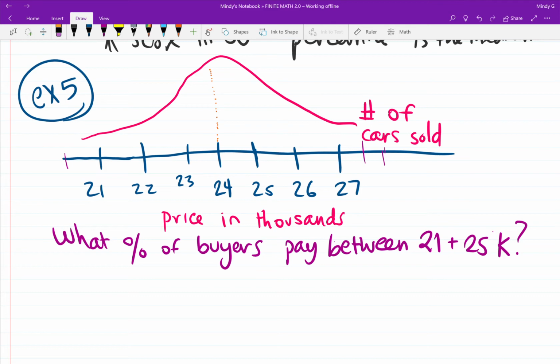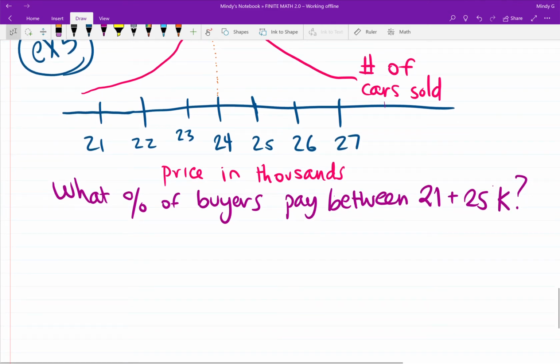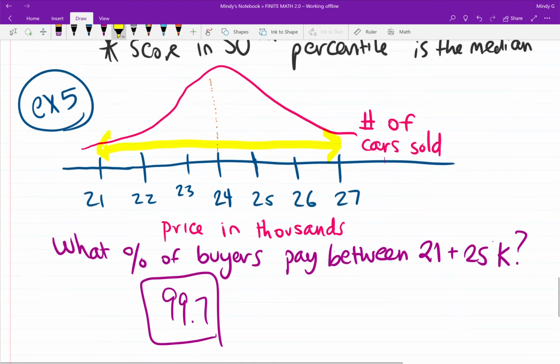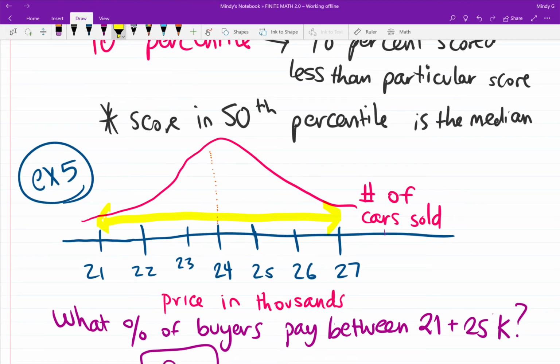All right, so what we're going to do is, this 21 is 1, 2, 3 standard deviations right away. Are you with me? So that's like 99.7. Very good. Then 25 is only one away. Do y'all remember that percentage? 68. Okay, so this is 68% within one standard deviation. 68 divided by 2 is 34.